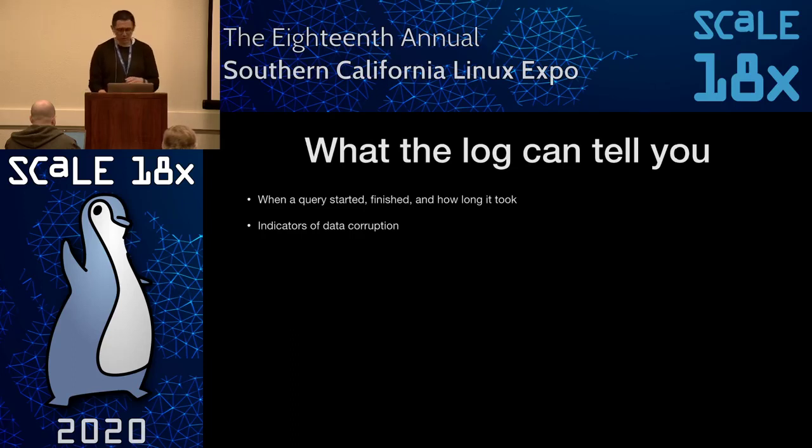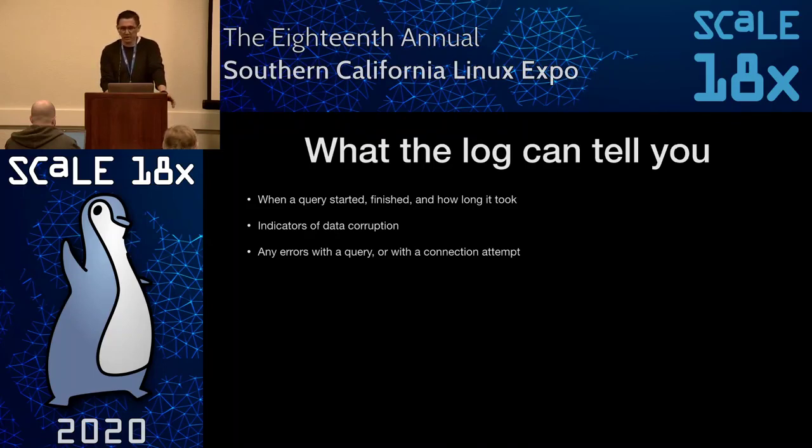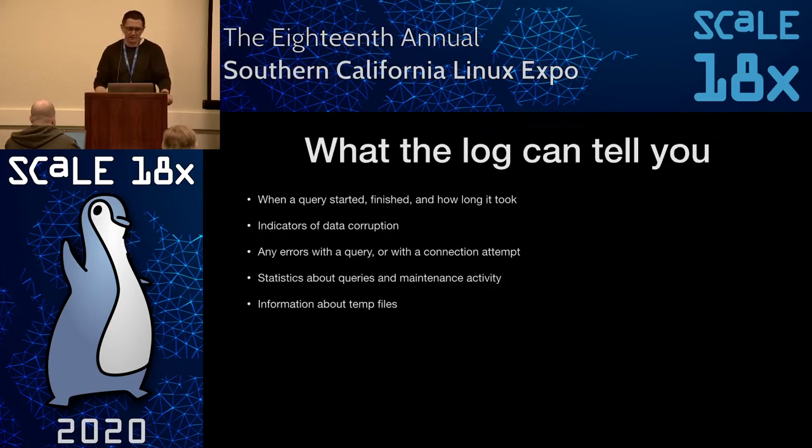It'll tell you any errors with the query or with the connection attempt, like syntax errors and stuff like that, missing table names. Statistics about queries and maintenance activity, so if there's an autovacuum going, if you have auto explain on, you can actually find out how much of your query is actually using cache, how much of it is seeking from disk, stuff like that.